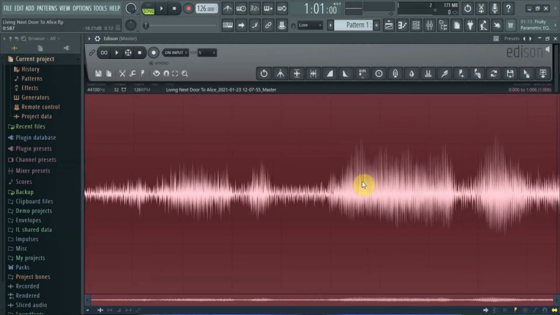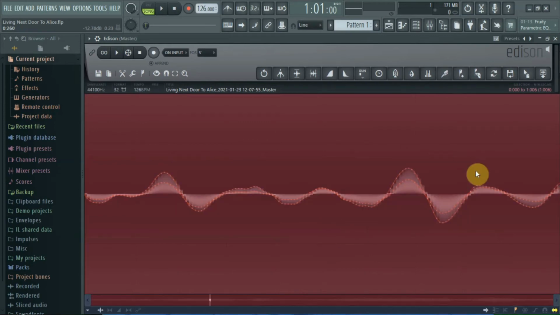If you look at this 1-second example on the screen right now, you will see that even in just this 1 second we have a whole lot of things happening over here. So if we look at this section of the song right now, this might be only a very, very, very small section in this case.